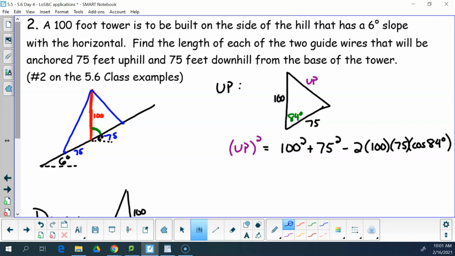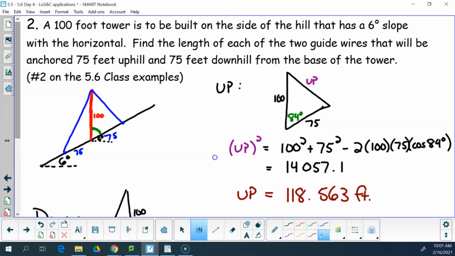Type all that into the calculator, and I get up squared is 14057.1. So I get the uphill guide wire has to be 118.563 feet long.